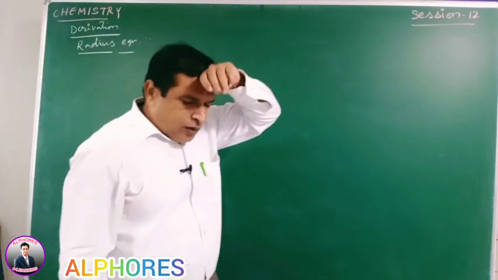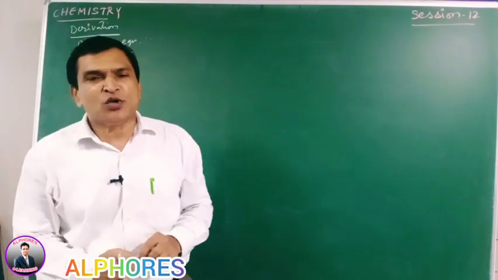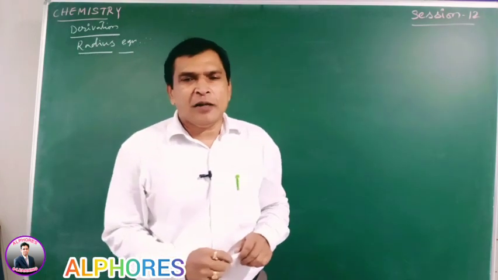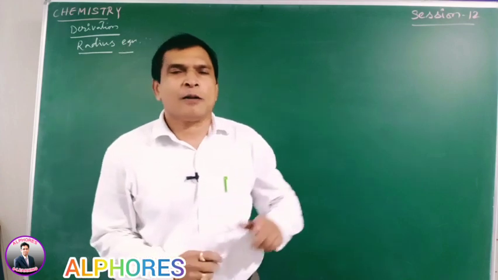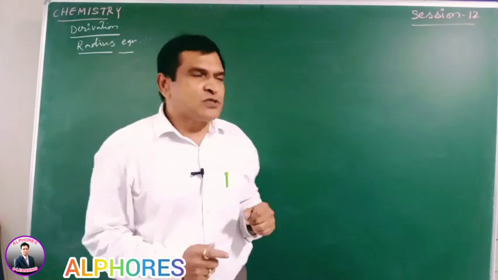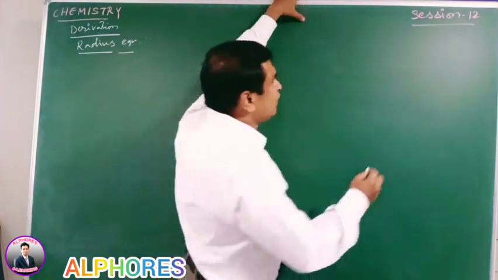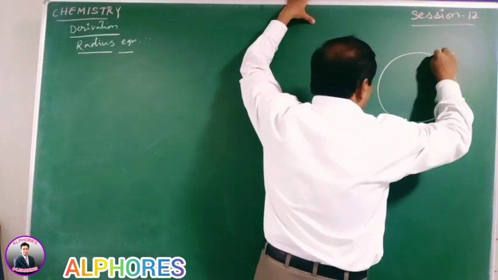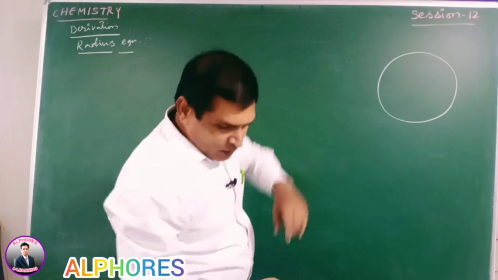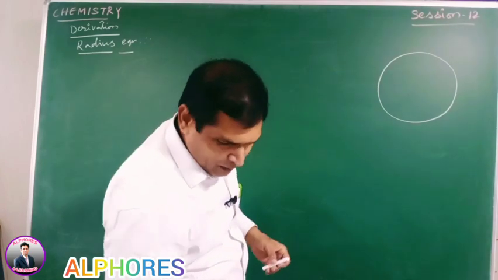According to Bohr, the electron is revolving around the nucleus in closed circular orbits.